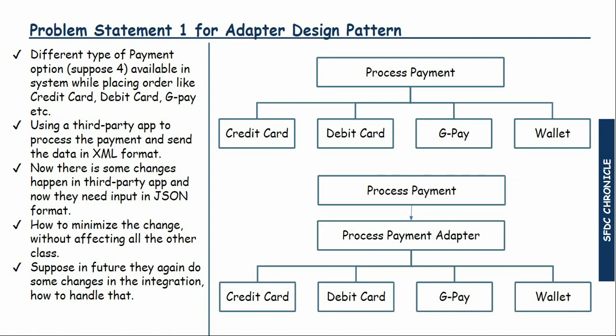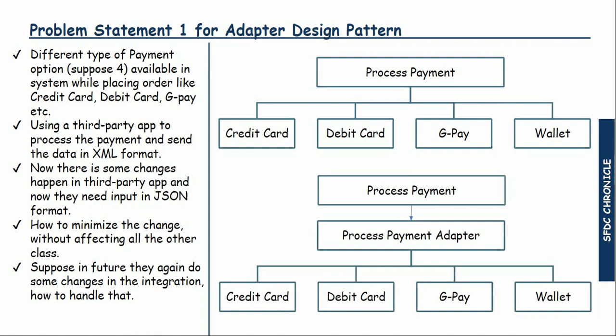And in this process payment adapter, to solve this XML and JSON thing, we'll keep the credit card, debit card, GPay and wallet classes as is. We will not change anything on those classes. We'll send the XML format that we were previously sending to process payment. Now we will send that XML to process payment adapter.